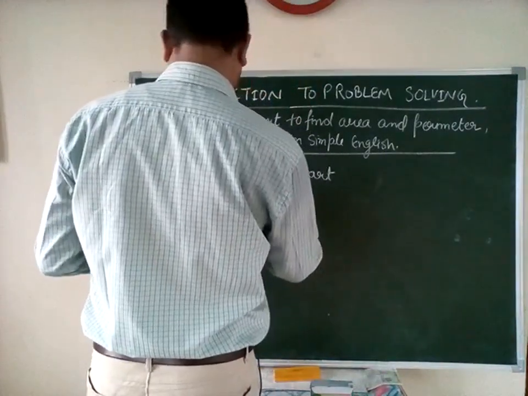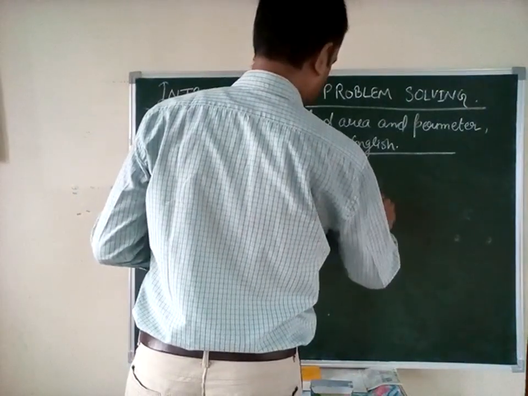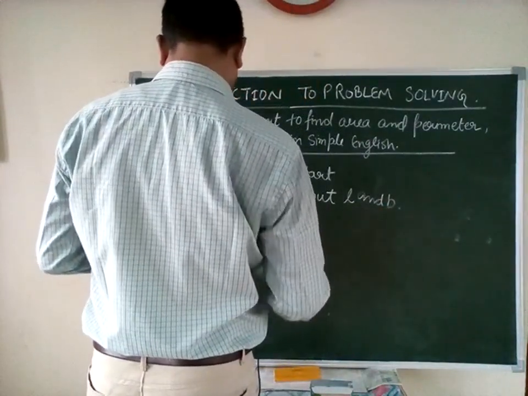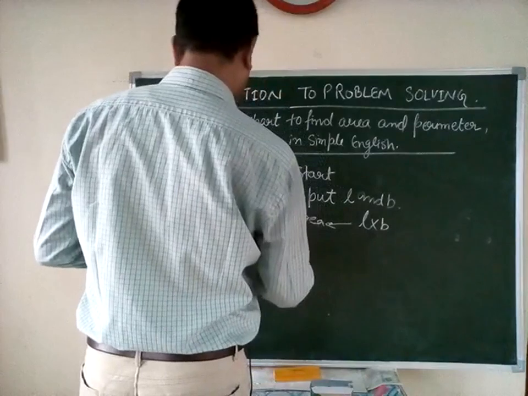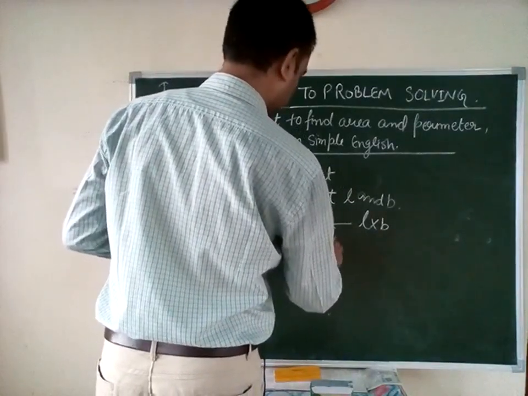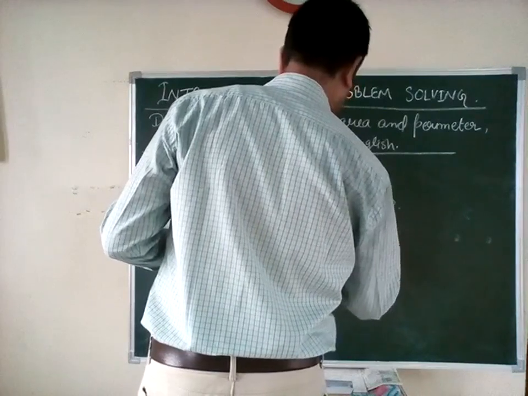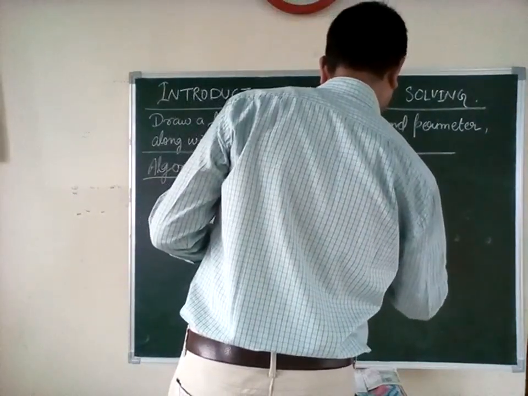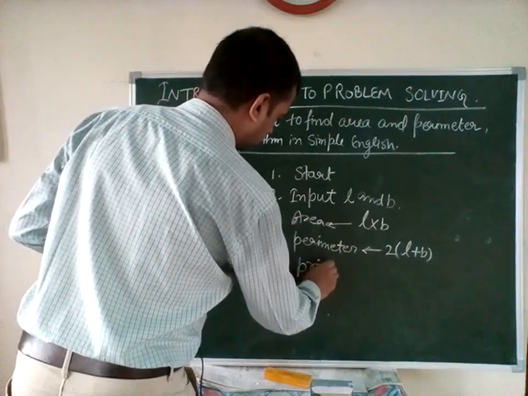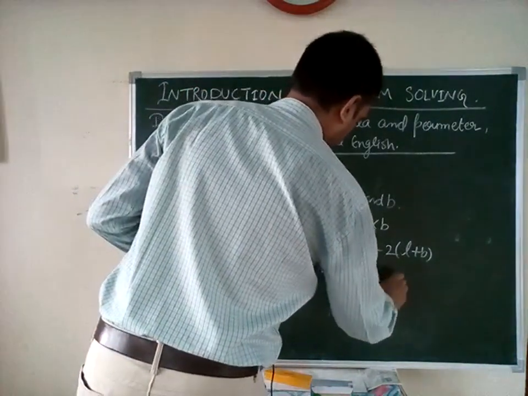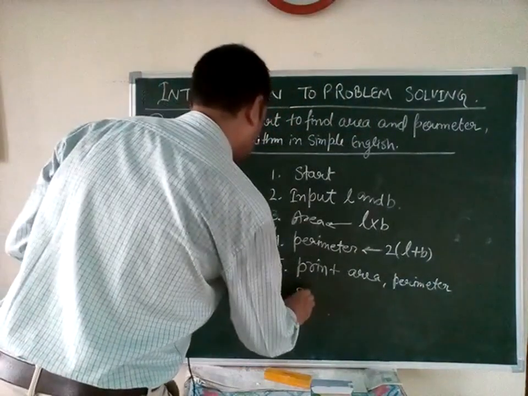Then step 2: input L and B. Step 3: area is a variable and in this I will assign L into B. Then step 4: perimeter, in this I will assign the value of perimeter by calculating this, and then after finding this I have to print, and then stop it.